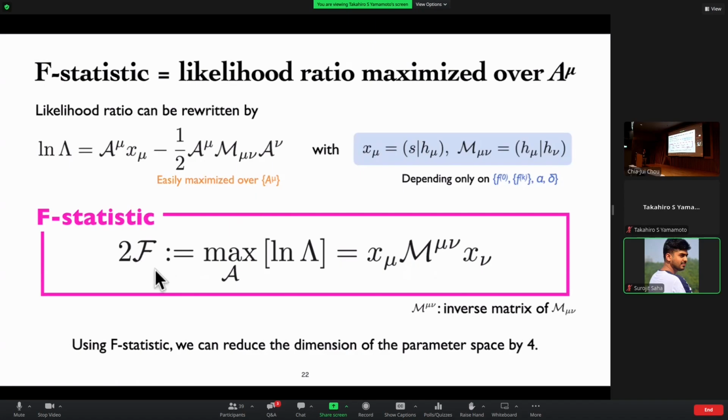So this is the definition of the F statistic, the log likelihood maximized over the amplitude parameters. Again, this F statistic depends only on the frequency parameters, I mean F0, F1, and the source position. So using this technique, we can reduce the dimension of the parameter space by 4.